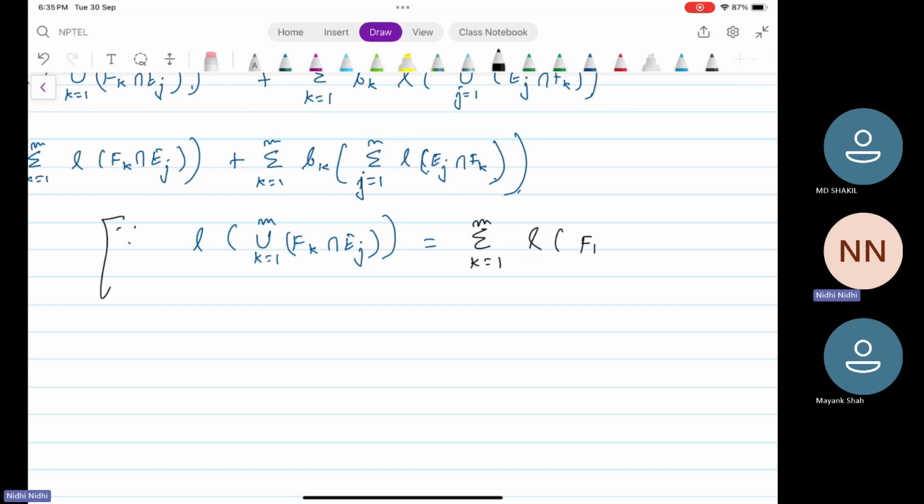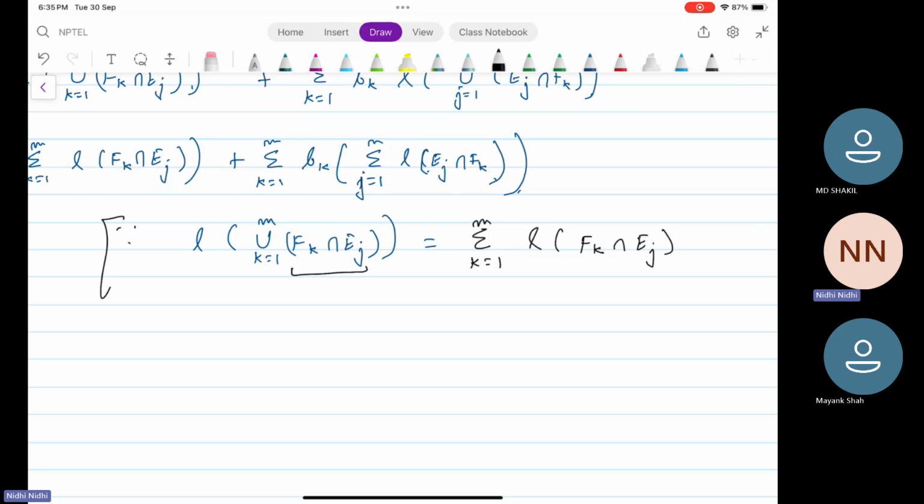This can be done only if all these sets are pairwise disjoint. Because in case they are disjoint intervals, we can directly add up the lengths of the intervals. That's what we are doing here.